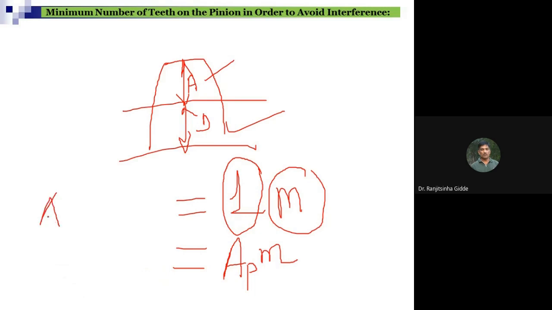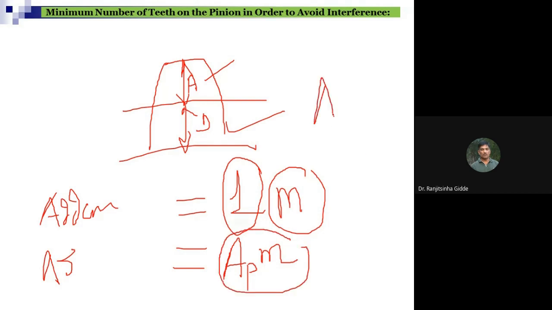So AP is equal to 1, this value of 1 is for this AP, and M as it is, right?